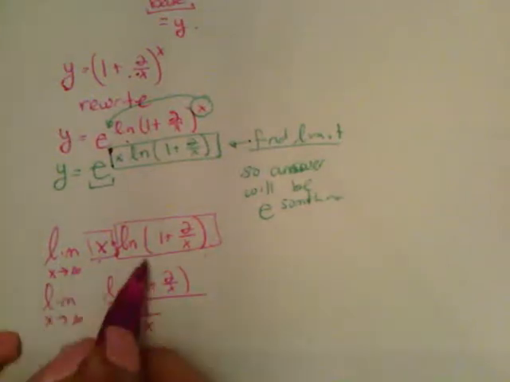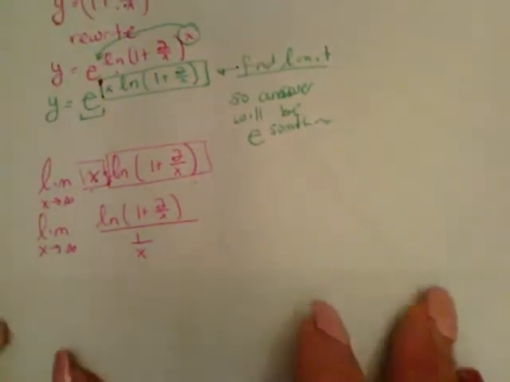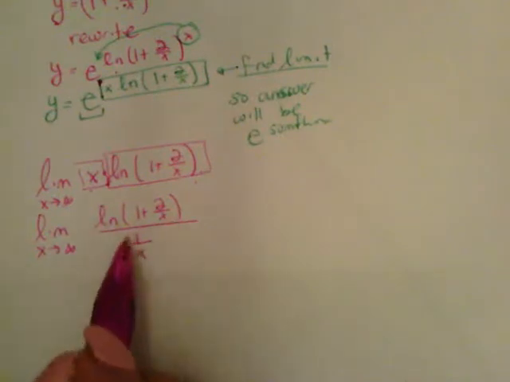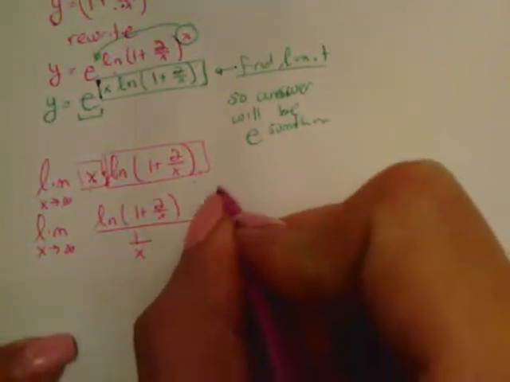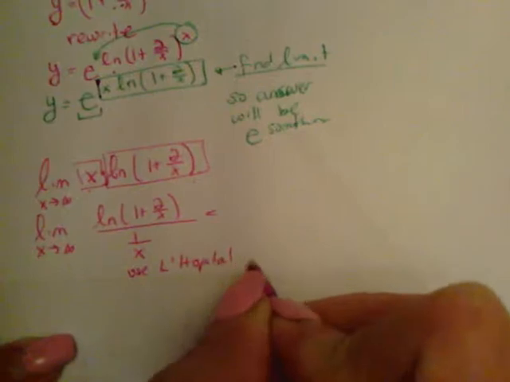Because if I move this to the bottom, it becomes x to the negative 1, and x to the negative 1 is the same thing as 1 over x. Now we can find the derivative, right? Now we can use L'Hopital's rule.